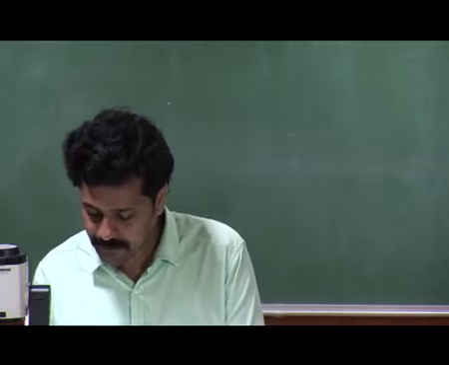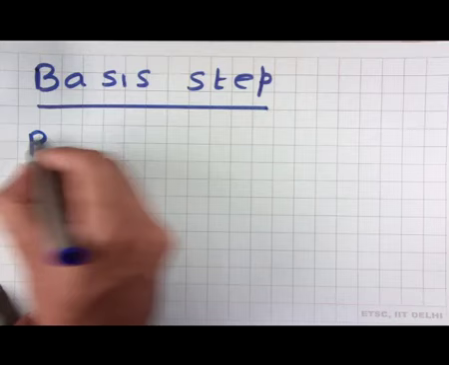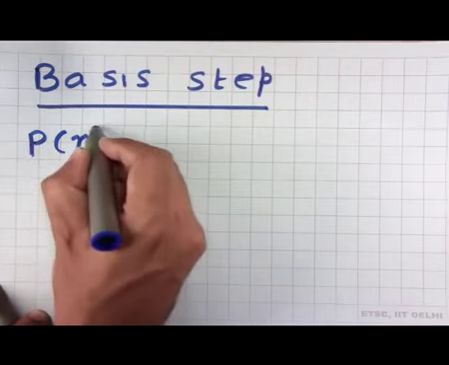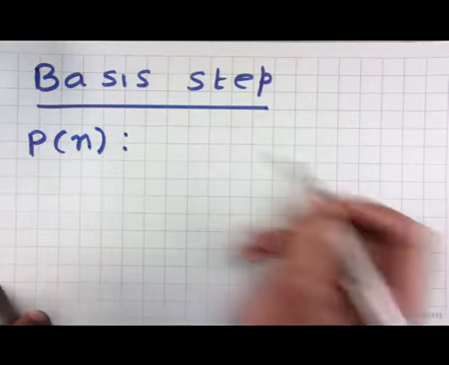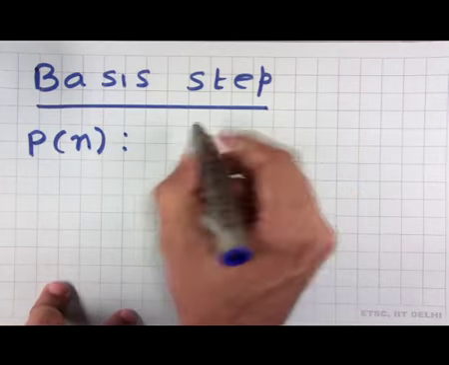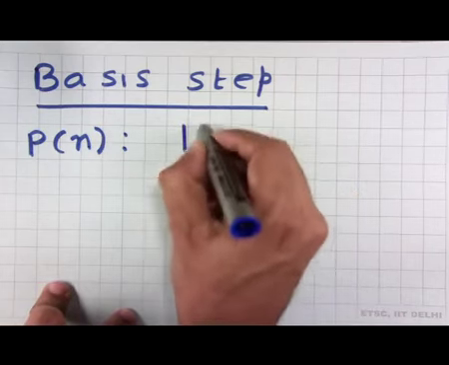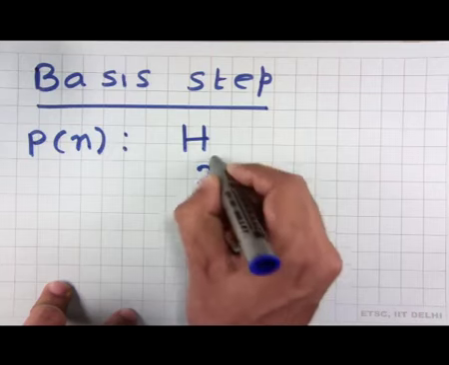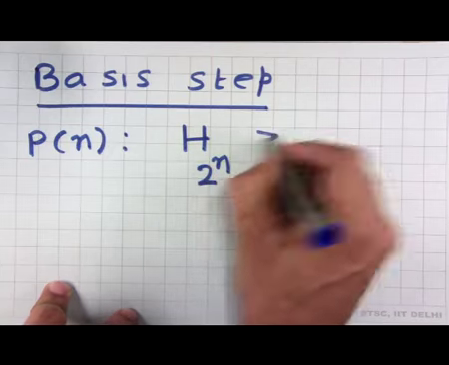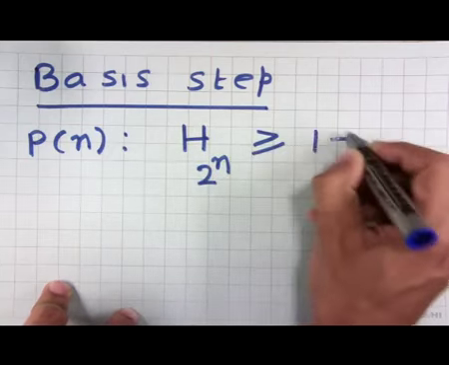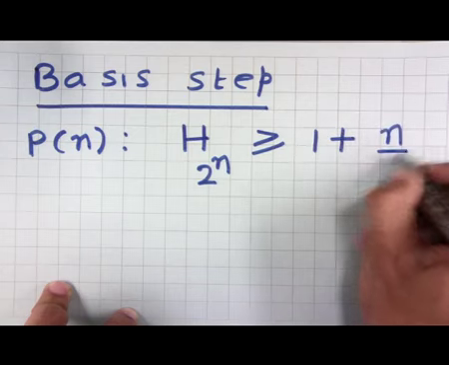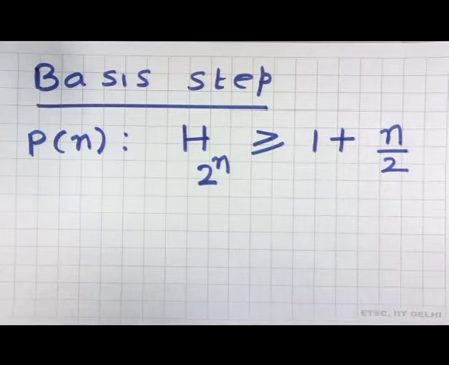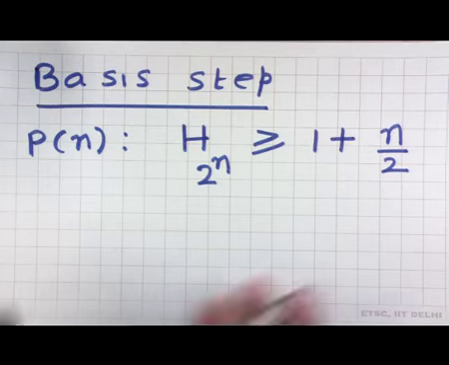Before proceeding, for the sake of simplicity, let me call the given statement as P of n. P of n is the statement that 2 power nth harmonic number is greater than or equal to 1 plus n by 2. And in the basis step, we have to prove P of 0.